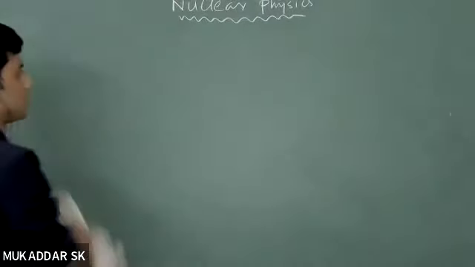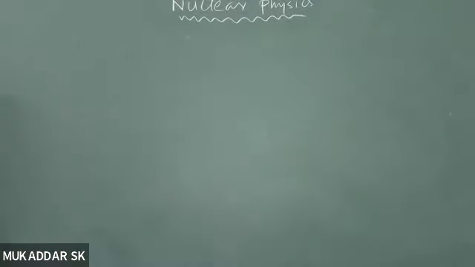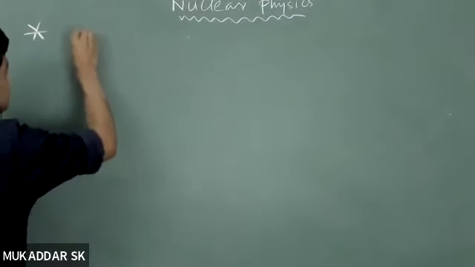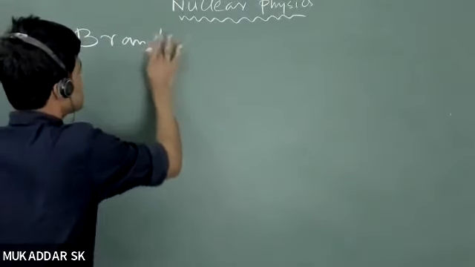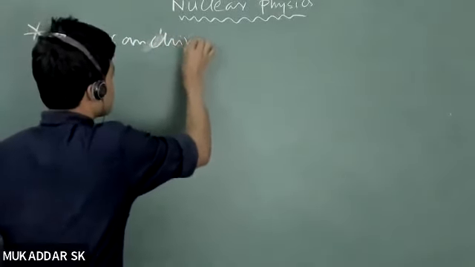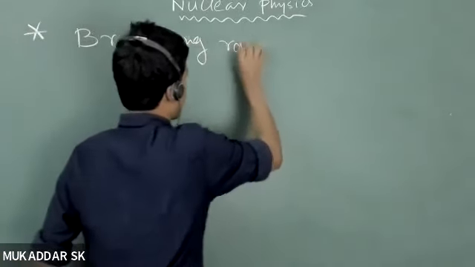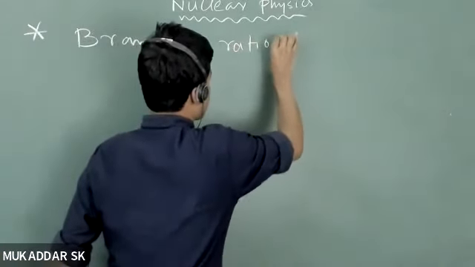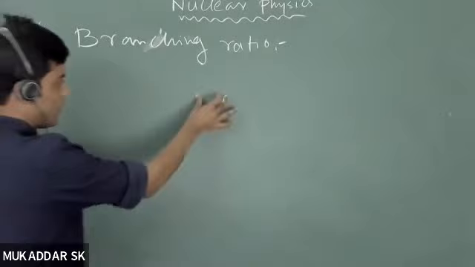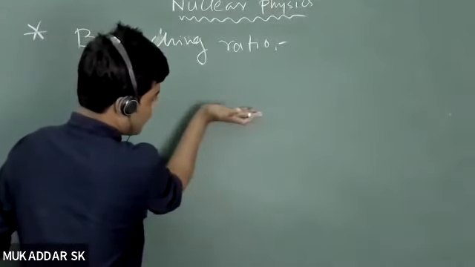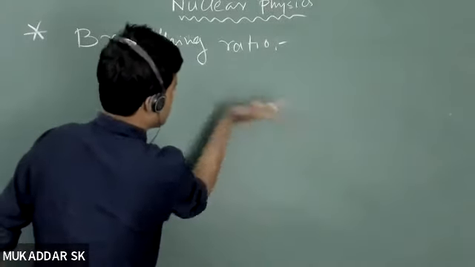Well, now another concept is known as branching ratio. What is branching ratio actually? Your parent nuclei is decaying in different branches, right?